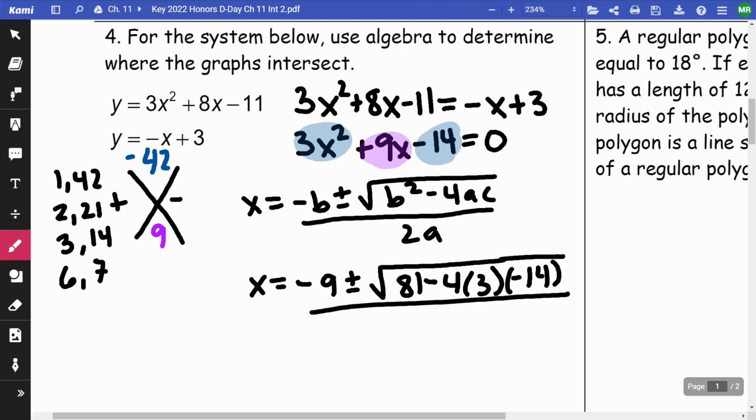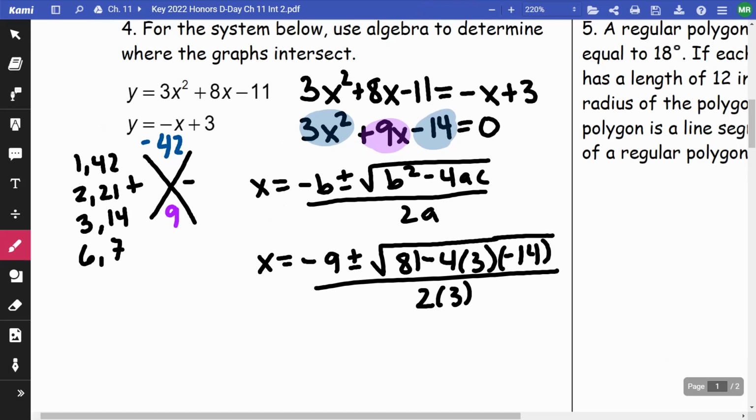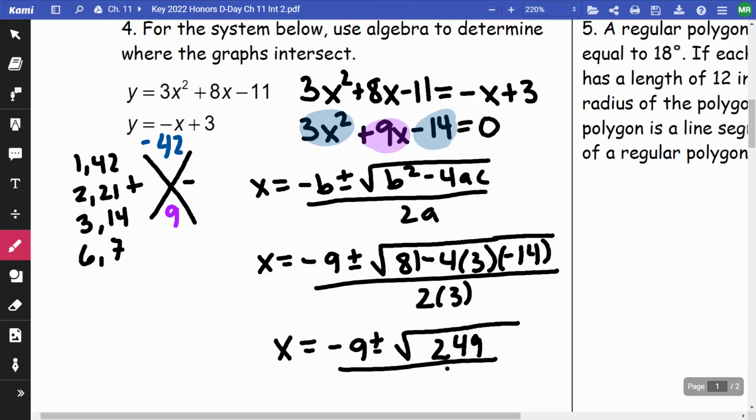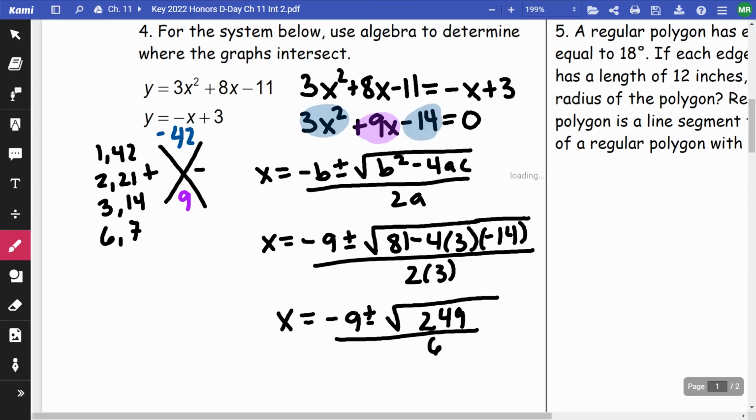And this is all going to be over 2 times my a, which is 3. So let me do a little math here. When I put 81 minus 4 times 3 times negative 14 in my calculator, I get 249, so negative 9 plus or minus the square root of 249, over 6.